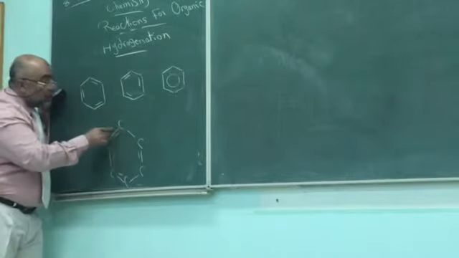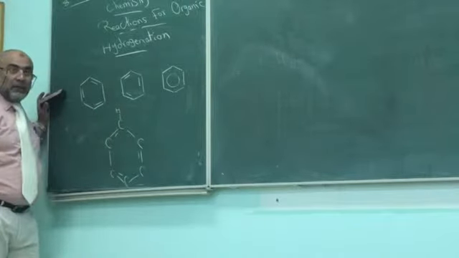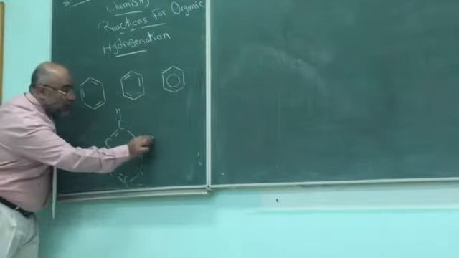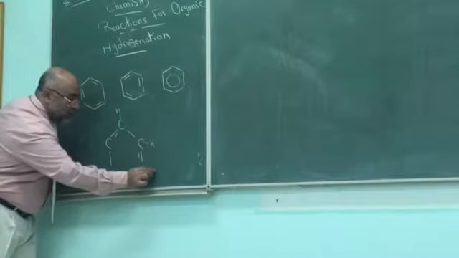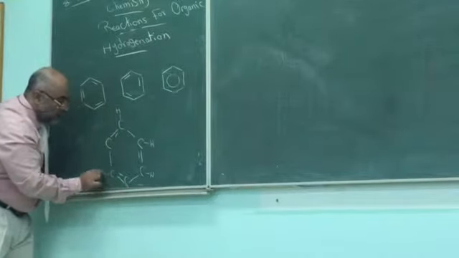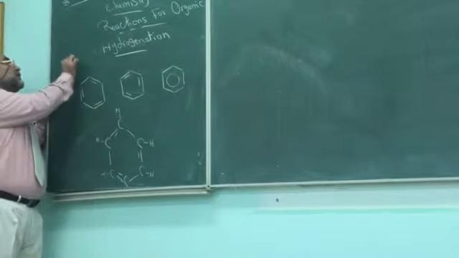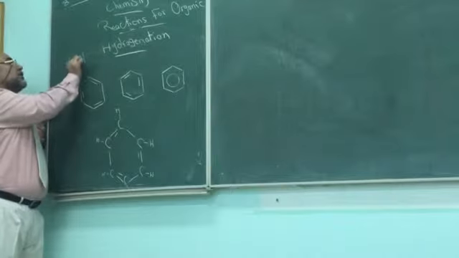So each carbon in this case needs only one hydrogen, right? Yes, to complete the form. So in this case, we have H here, and H, and H. So we can say benzene ring is C6H6.